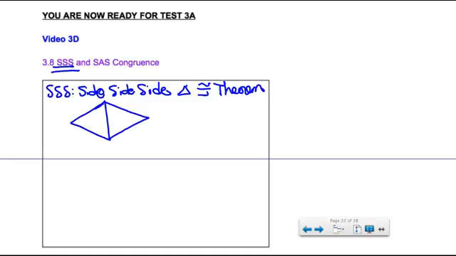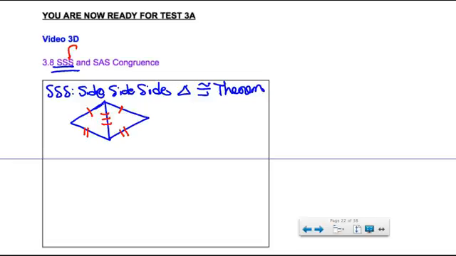What the side, side, side congruence theorem says is that if this one is the same length as this one due to markings, and this side is the same length as this one, that's really all I need in order to say those triangles are congruent by side, side, side. And you might be saying, yeah, but you're missing the third S. Because this is shared, we know that it's got to be the same length on both of them.